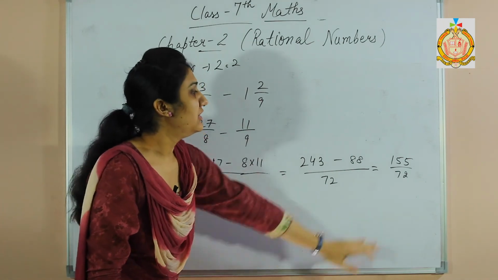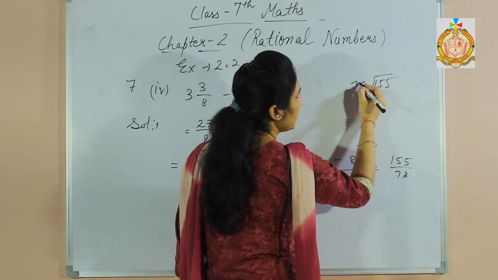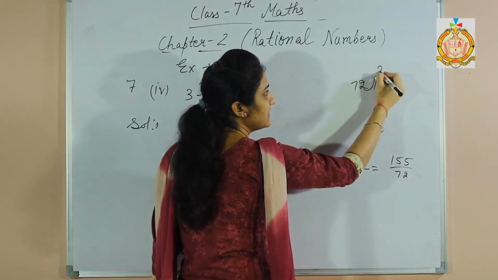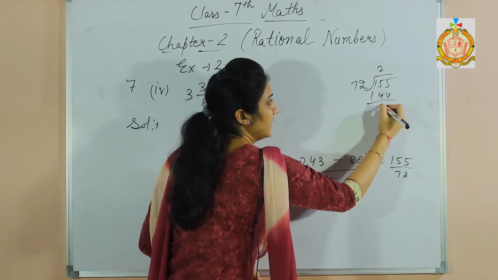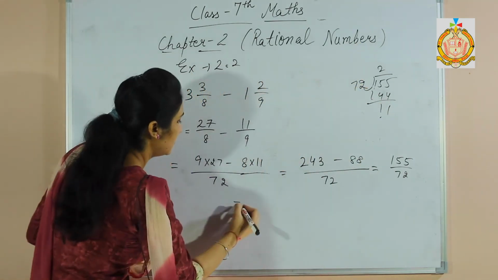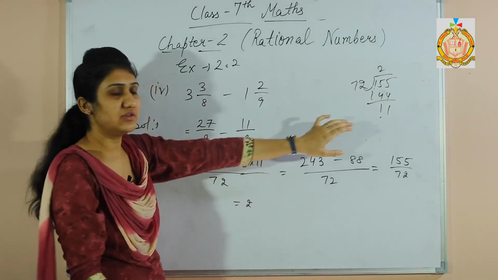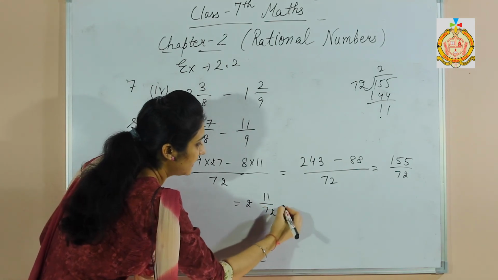For converting into mixed fraction, divide these numbers. On dividing, 72 2s are 144 and remainder is 11. So our main answer is 2, and writing the fraction with this remainder, 11 upon 72, and that's the answer.